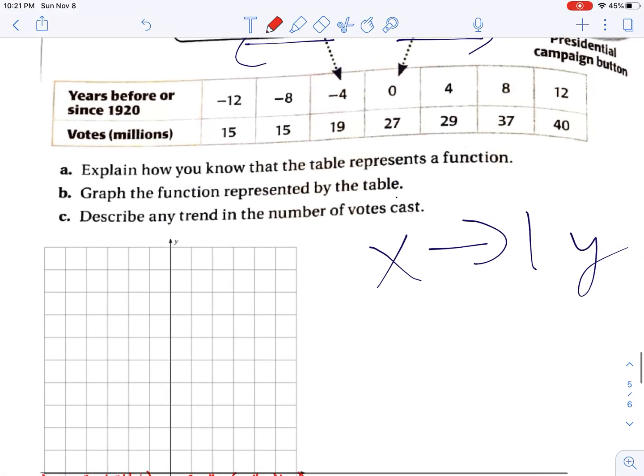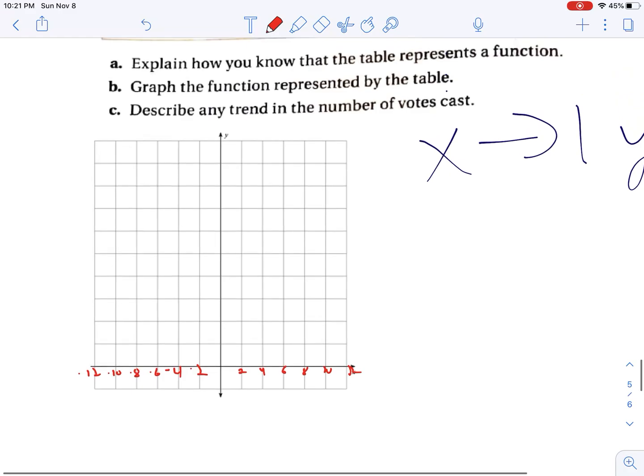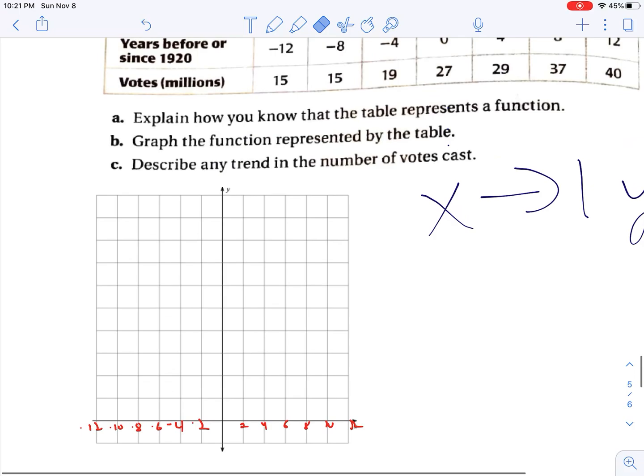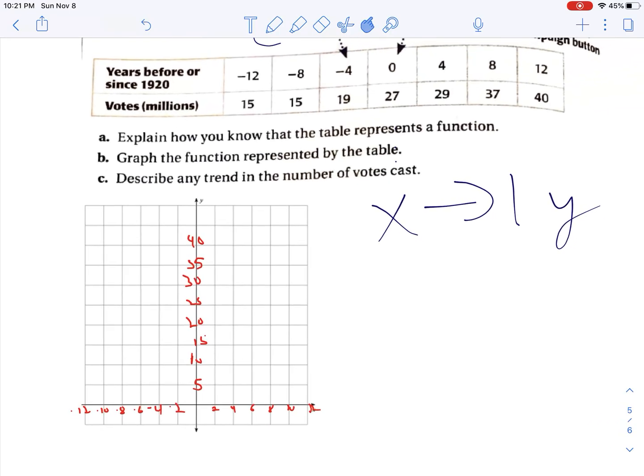And then we've got to get up to 40 here. Each one of these is 5: 5, 10, 15, 20, 25, 30, 35, 40. All right, that works. We just had to adjust our scale there so the numbers fit.